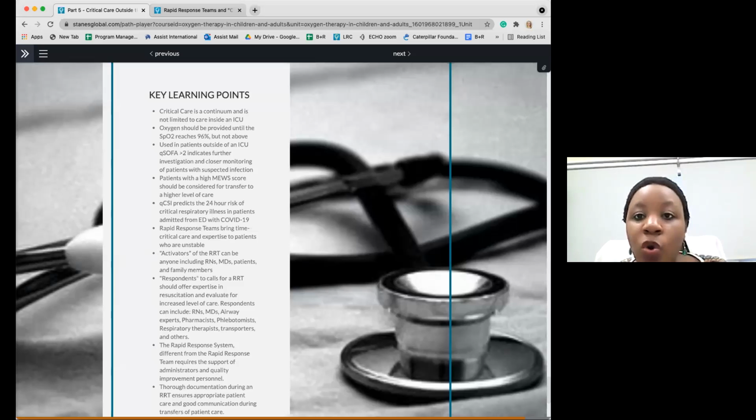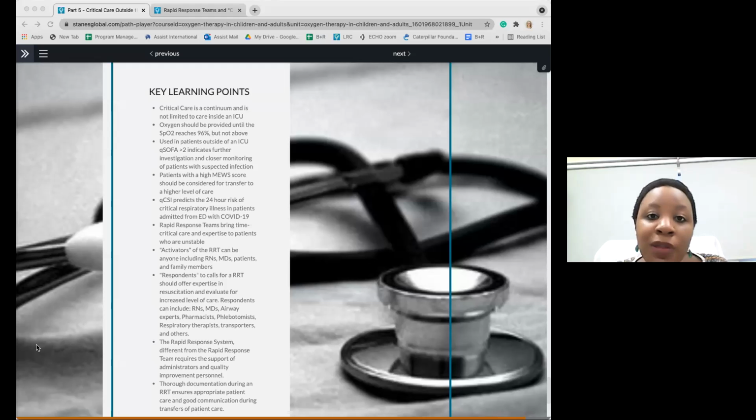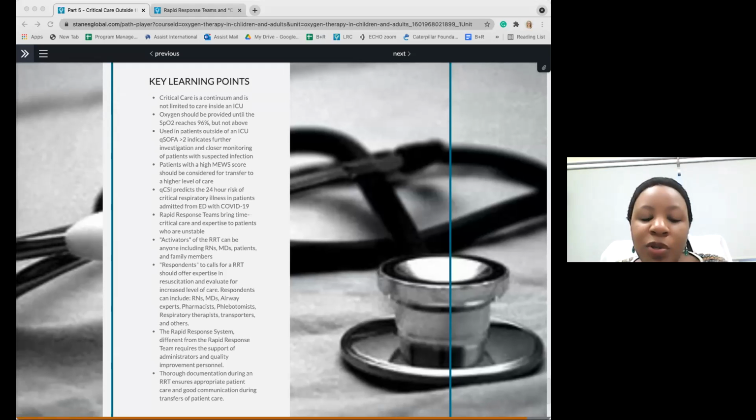Once we learn to call upon each other in times of emergencies, we're able to come up with a cohesive team in terms of rapid response by putting our skills together. And lastly, we need the support of our administrators. We need policy documents in our hospitals to make sure that everything we practice is in line with our hospital protocols. Documentation during a transfer is very important due to the medical legal implications in healthcare. In a nutshell, those are the key learning objectives to direct our practice change behaviors from this lesson.